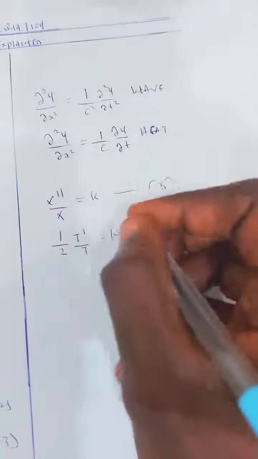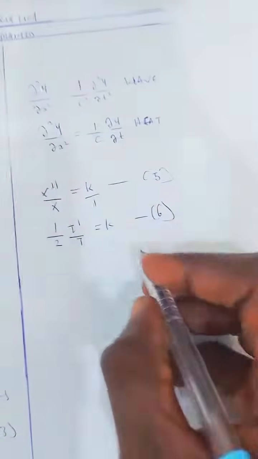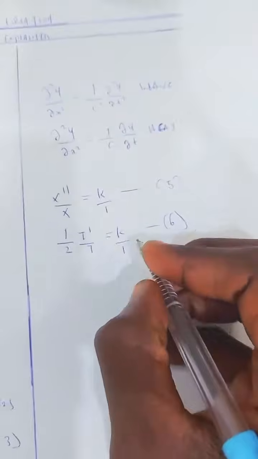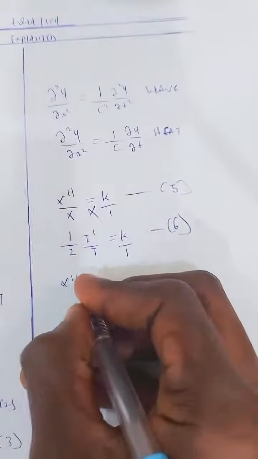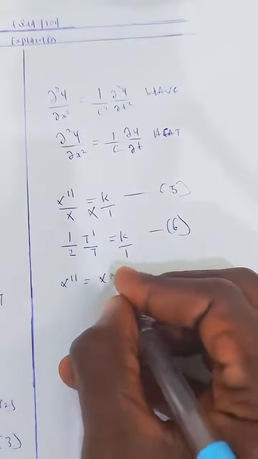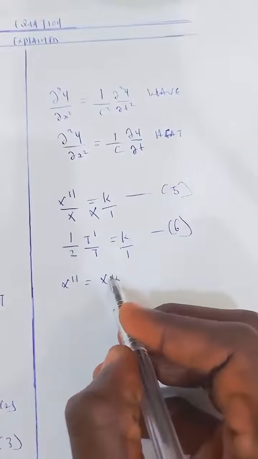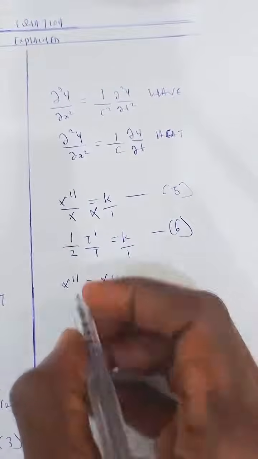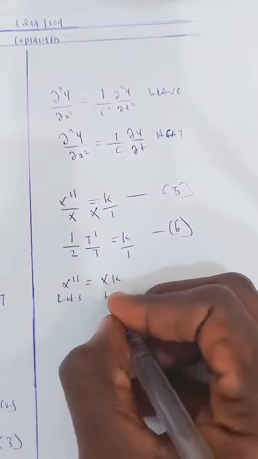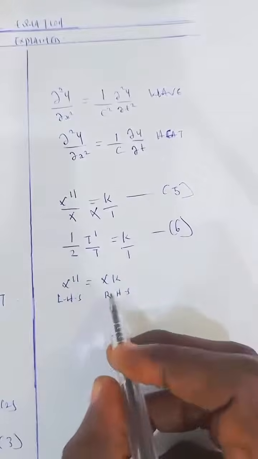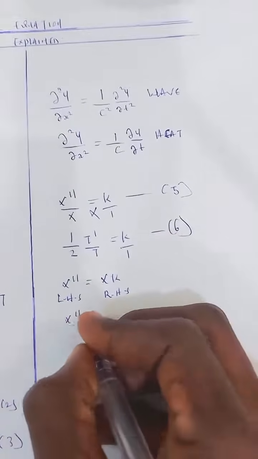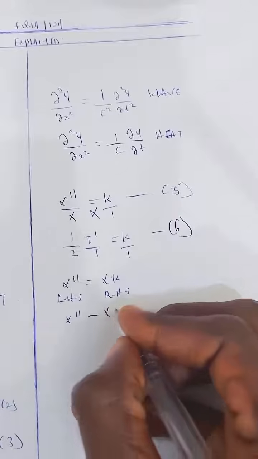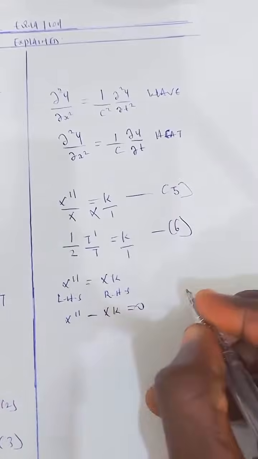Now, from equation 5, cross multiply. Also from equation 6, cross multiply. By the time you cross multiply from equation 5, it becomes x double prime equals xk. Then taking this xk to the other side, this is the left hand side and this is the right hand side. Taking xk to the left hand side, it becomes x double prime minus x multiplying k equals 0.